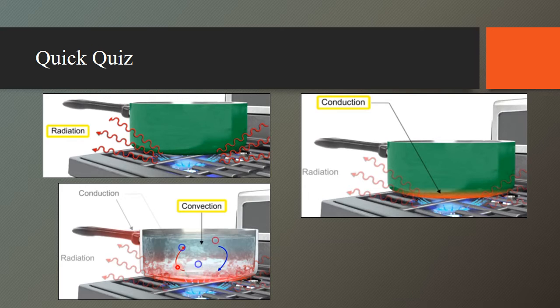Warm water goes up and cold water comes down. This continuous process happens due to convection. So the answer is that all three mechanisms of heat transfer are taking place. We shall now see a video that will further explain these mechanisms of heat transfer.